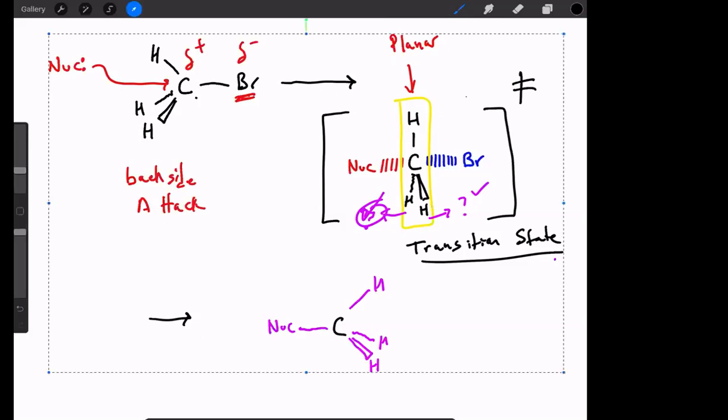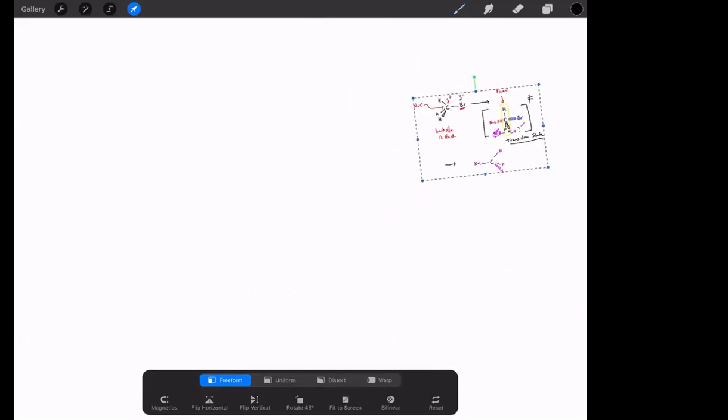Okay. So real quick, if you got a piece of paper out and a pencil or a pen, let's go ahead and do a quick practice problem. What if I have something like this? And I react it with hydroxide.